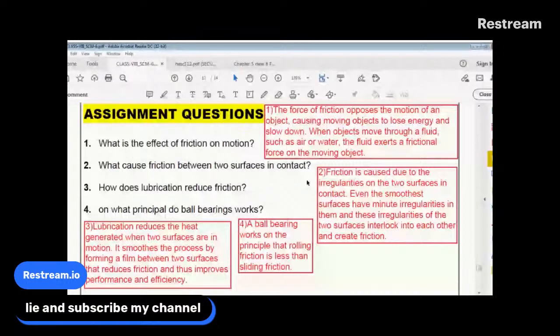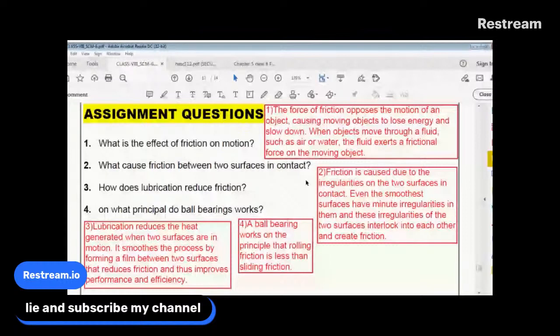The answer is the force of friction opposes the motion of an object, causing moving objects to lose energy and slow down. When objects move through a fluid such as air or water, the fluid exerts a frictional force on the moving object. Number two, what causes the friction between two surfaces in contact?